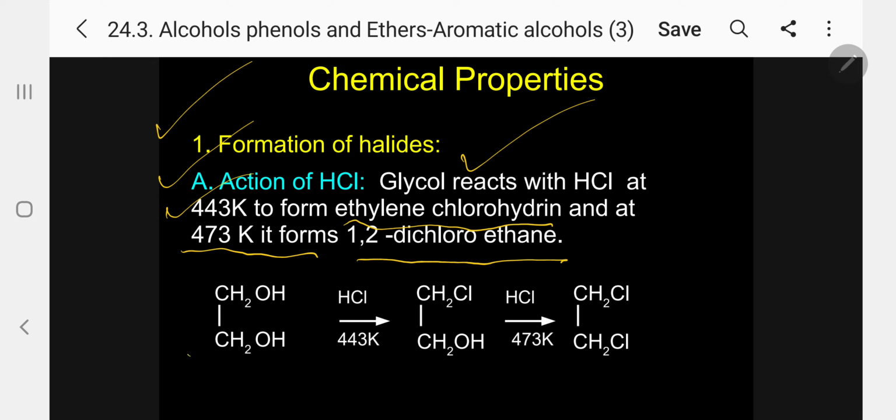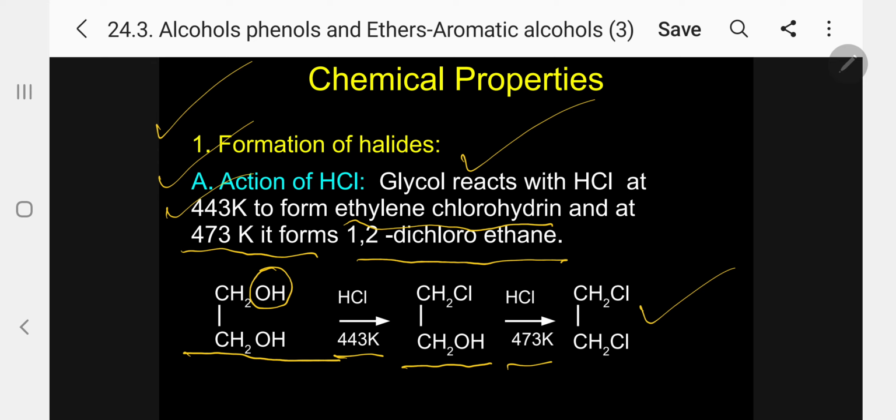Just see here, this is a substitution reaction. At 443 Kelvin, one OH is substituted by Cl, giving ethylene chlorohydrin. At 473 Kelvin, still higher temperature, one more OH is substituted by Cl, and we get 1,2-dichloroethane. This is the interesting information regarding the substitution reaction.